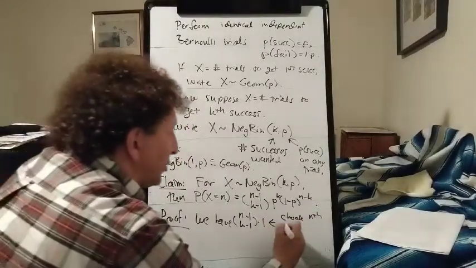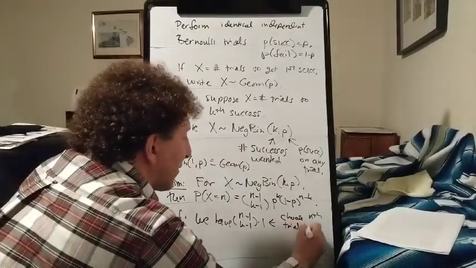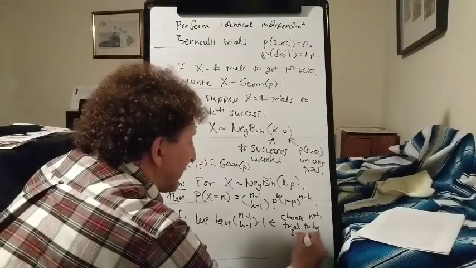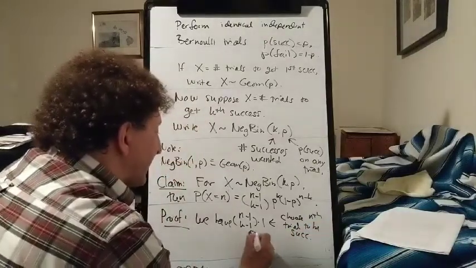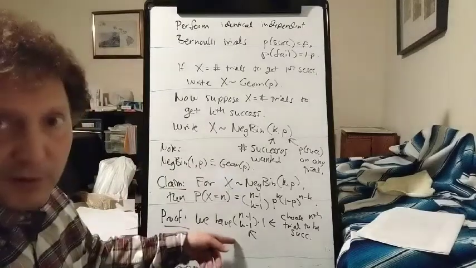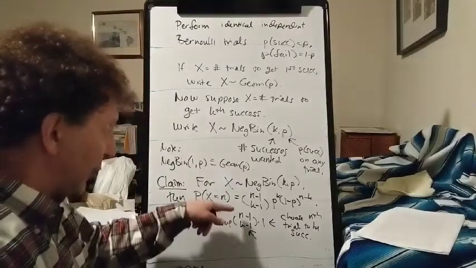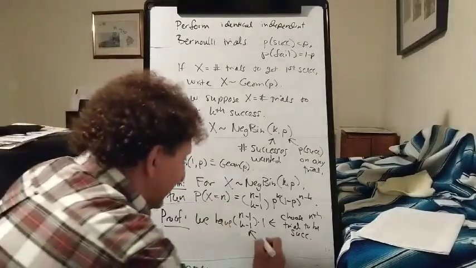First of all, the 1 means we'll choose the nth trial to be a success, and then k minus 1 of the n minus 1 previous trials to be successes.